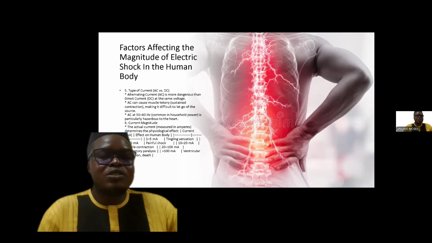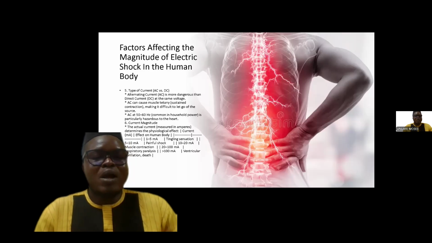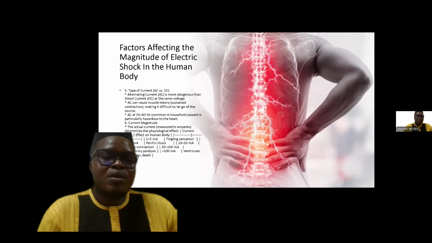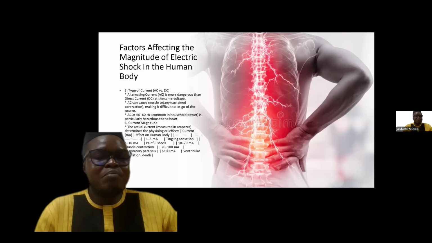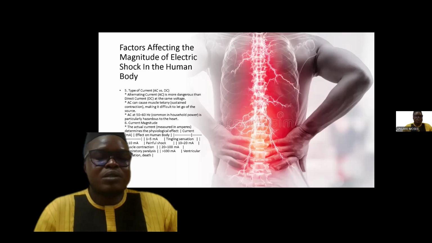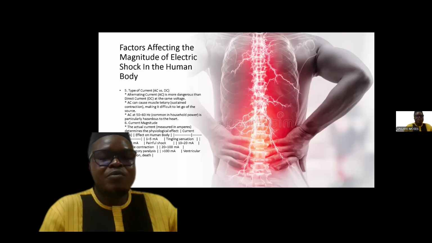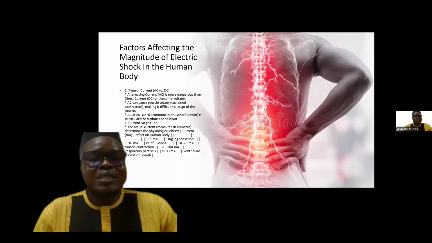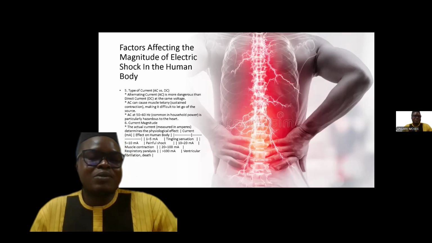The current magnitude, the actual current measured in amperes, determines the physiological effect. The current in milliamps affects the human body. Take, for instance, 1.5 milliamps. It can give a tingle sensation only.